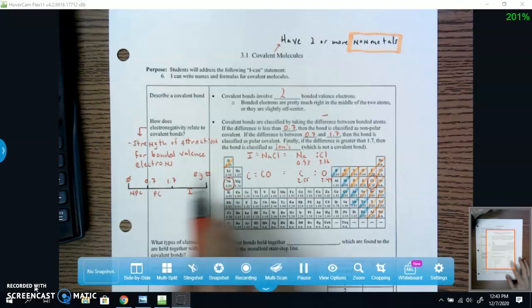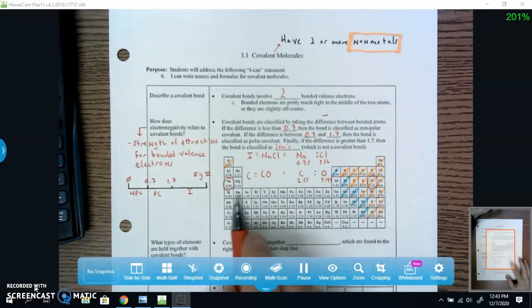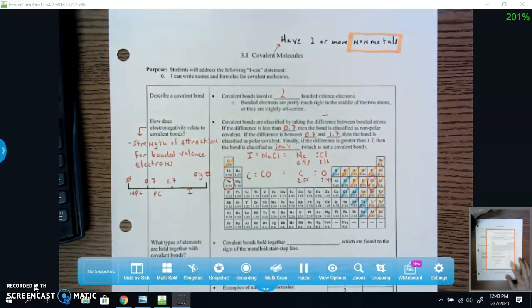And again, in a polar covalent bond, the electrons are ever so slightly offset, closer to the one with the higher electronegativity, because you should think of this number right here as if oxygen's been going to the gym a lot, and carbon hasn't been going to the gym nearly as much as oxygen has, so oxygen is stronger. All right, so that's how you take the difference in electronegativity values and you plot it on this scale to classify the bond type.